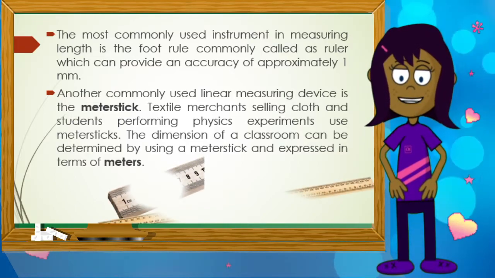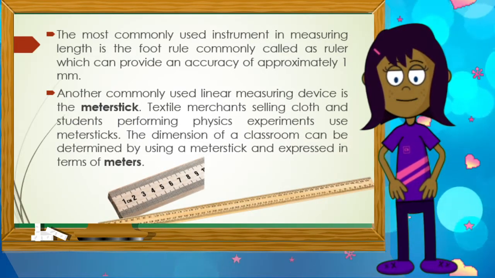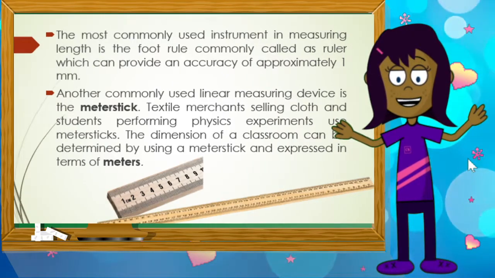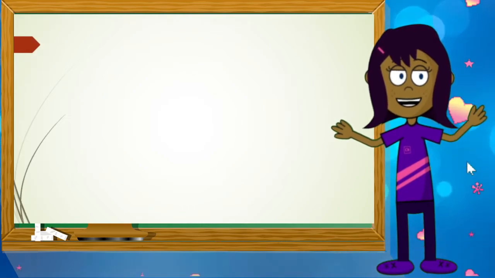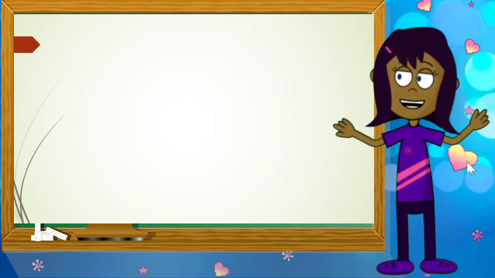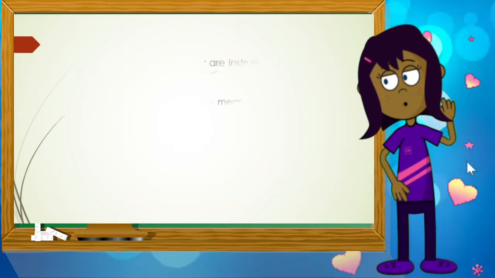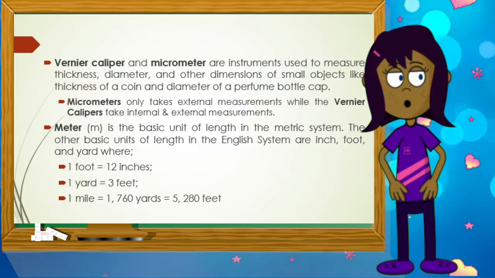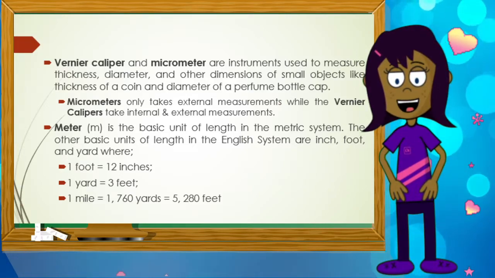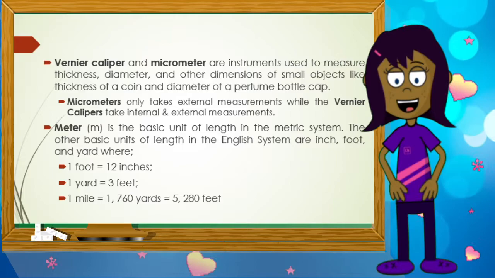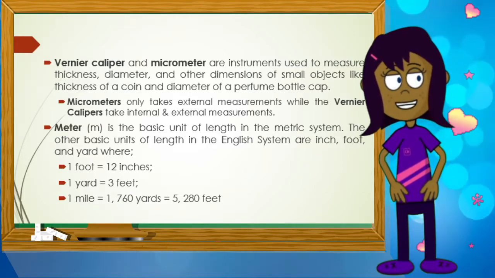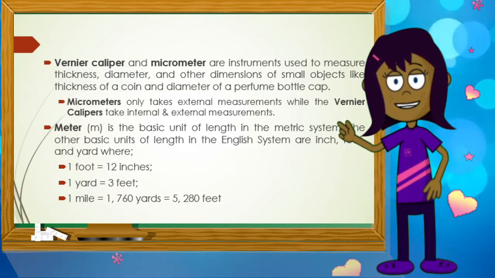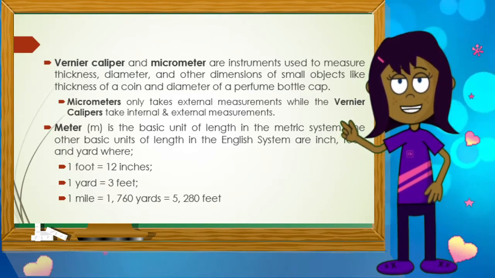So these are the pictures of a meter stick, right? Who haven't seen one? Since we always have that in our PE or in our science activities. Now, we also have the vernier caliper and micrometer, which are instruments used to measure thickness, diameter, and other dimensions of small objects, like the thickness of a coin and the diameter of a perfume bottle cap.